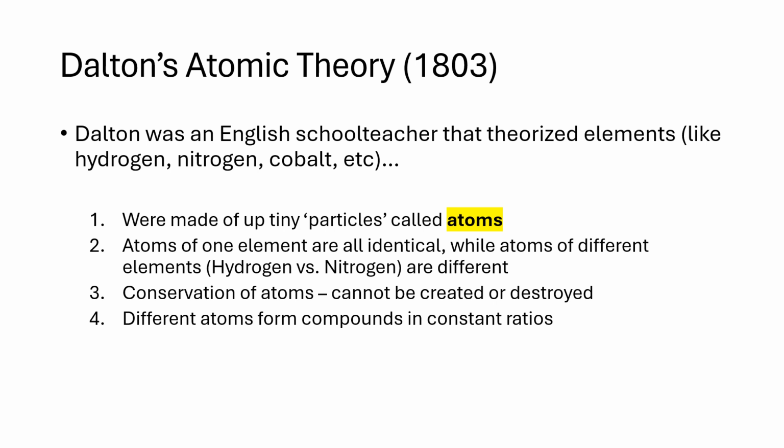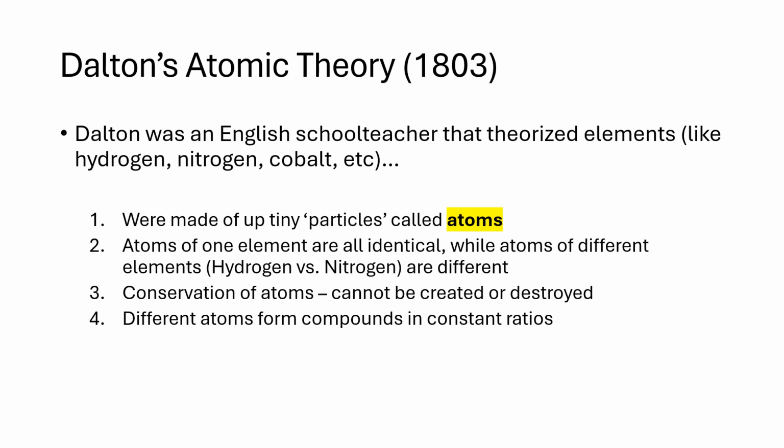There will be a multiple choice question where it asks you which of these is part of Dalton's atomic theory, and you will have to know which one doesn't fit. The first stipulation is all elements are made up of tiny particles called atoms. That is the first one, okay?